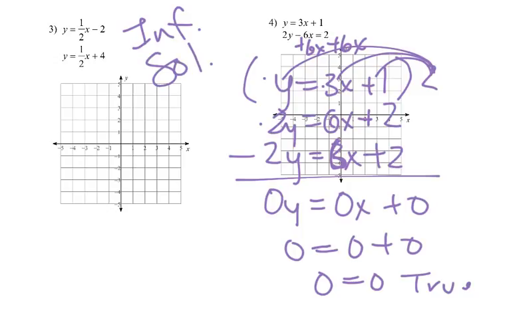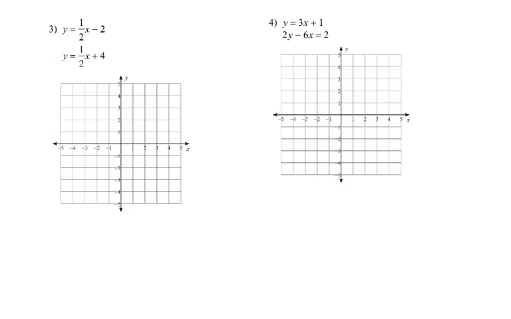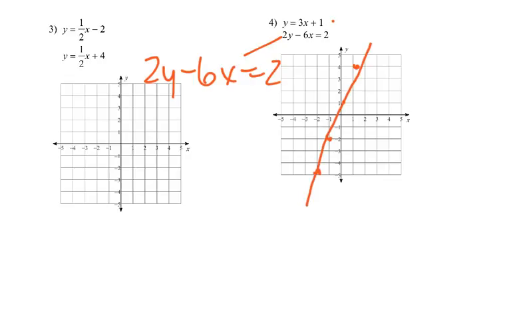Okay, well, what does that look like graphically? Well, the best way to see it is if I take this equation and solve it for y. If I did it on Desmos, it would just end up looking like this. We graph the top, positive 1, up 3, to the right 1, or down 3, to the left 1. Okay, it would look like that, and then you'd graph the second one, and it would look like that.